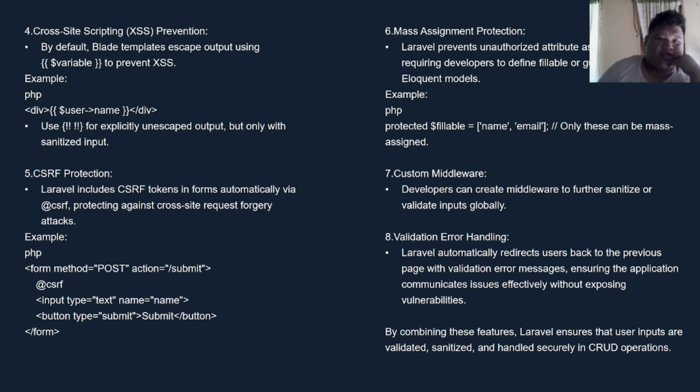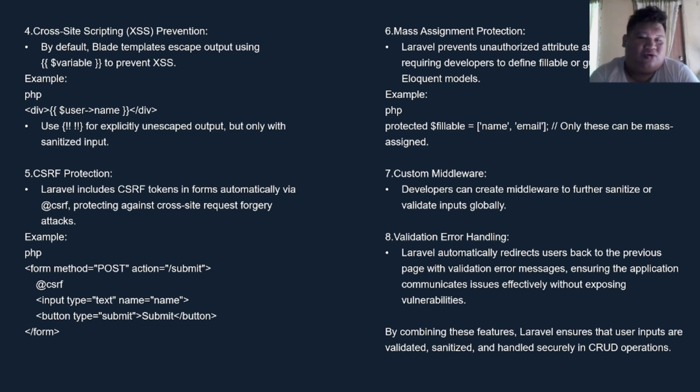Cross-site scripting prevention. By default, Blade templating escapes output using double curly braces to prevent XSS. For example, div, user name. The unescaped syntax is used for explicit unescaped output but only with sanitized input.